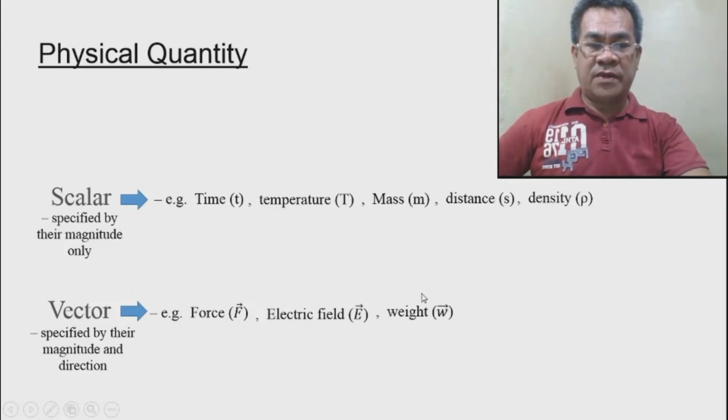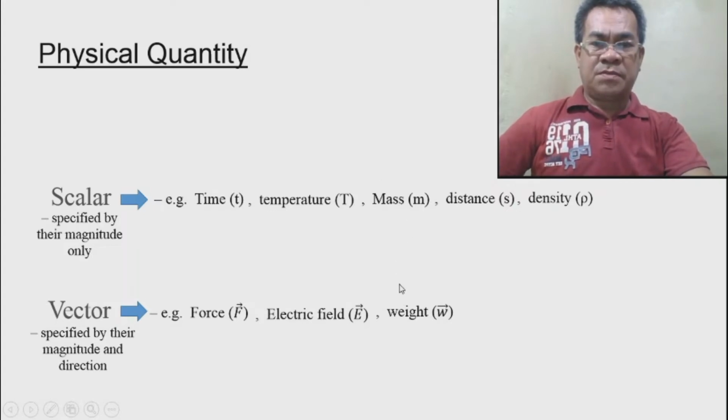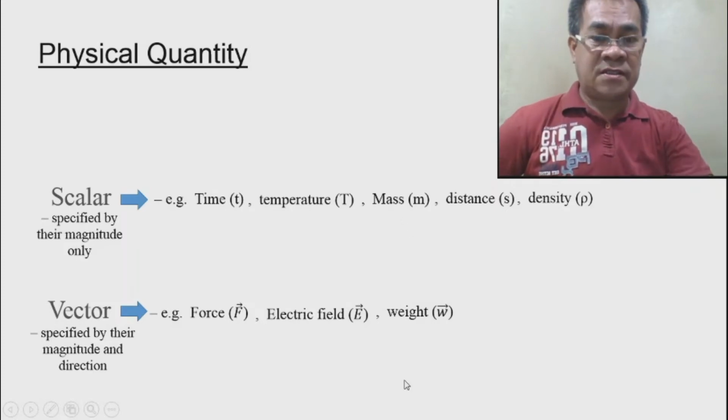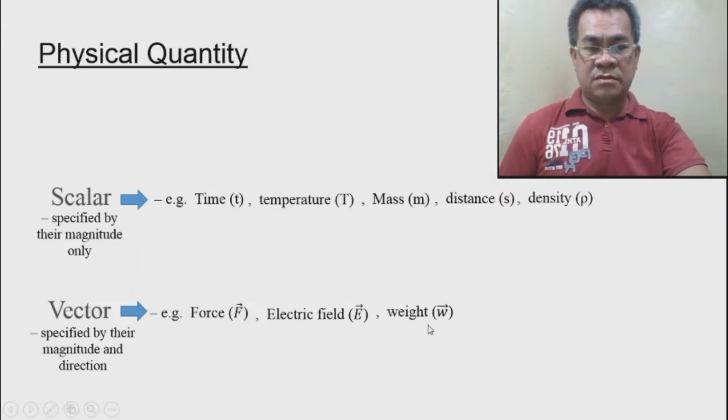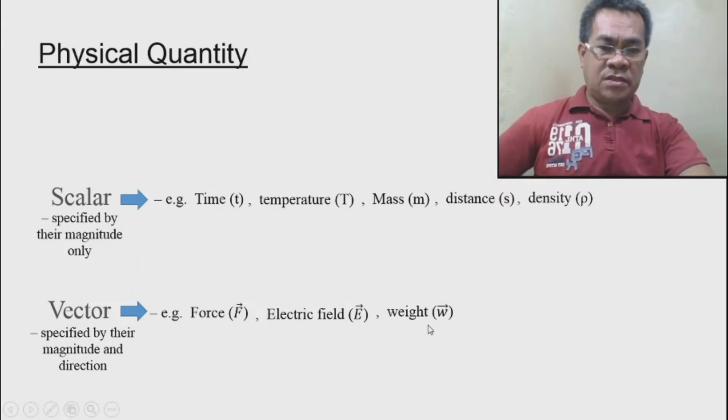Weight, okay, this is very important. Sometimes misconceptions occur among learners because they attempt to equate mass and weight. Remember that mass and weight are different from each other. Weight, by definition, is the force of gravity applied to the object. So for example, our weight is the force applied by Earth.